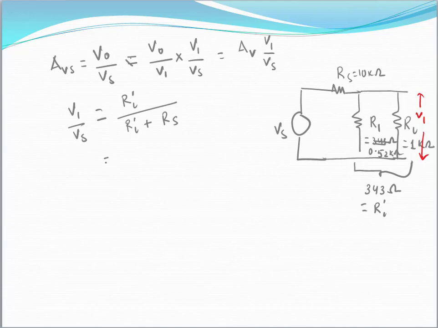So AVS is equal to Av into Ri dash by Ri dash plus Rs, is equal to minus 384 into 0.343 divided by 0.343 plus 10, because we are taking everything in kilo ohm.